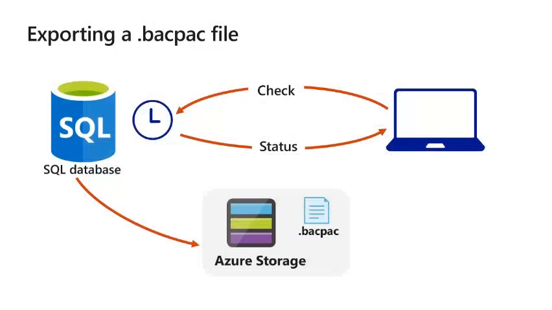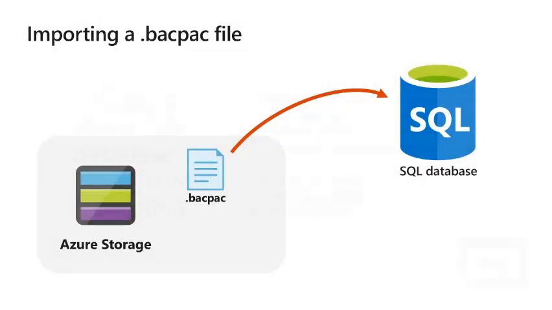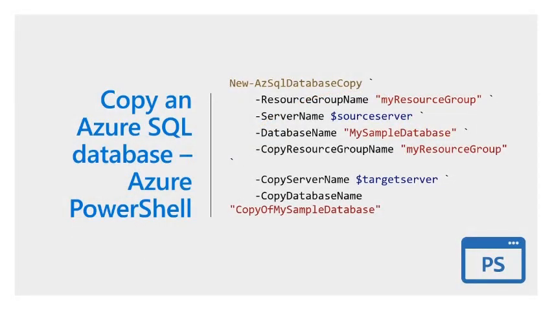As we talked about previously, this is how you can copy a database using Azure PowerShell. You just need to say New-AzSqlDatabaseCopy. You say the resource group name, the server name which you just created, and the database name. So you say which database, and the copy resource group name, so from which resource group.